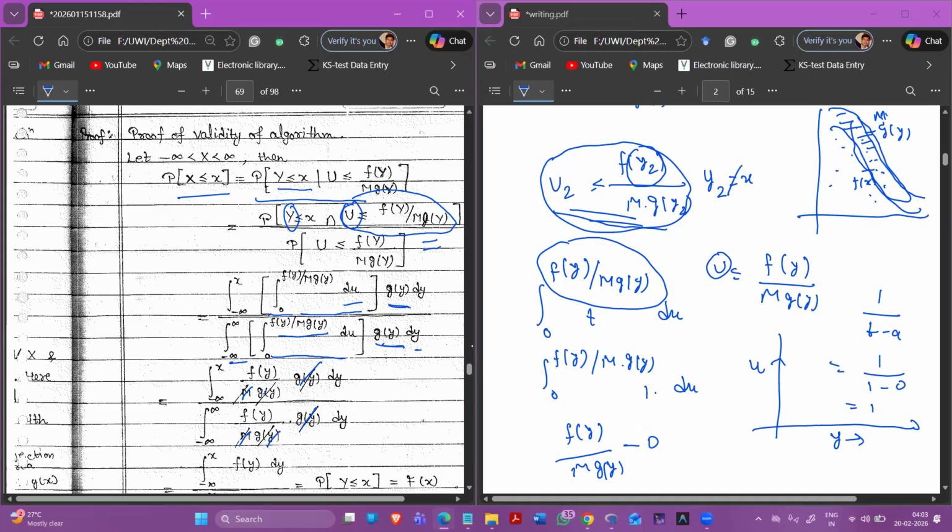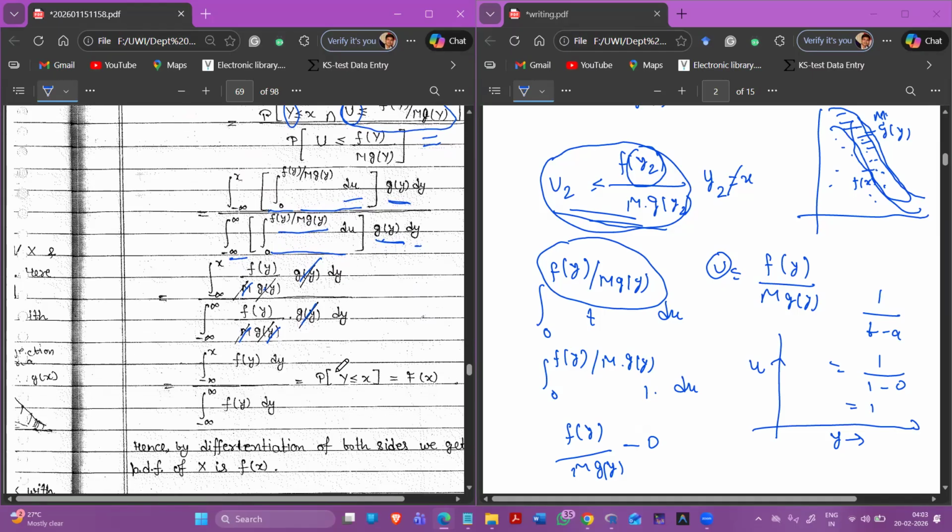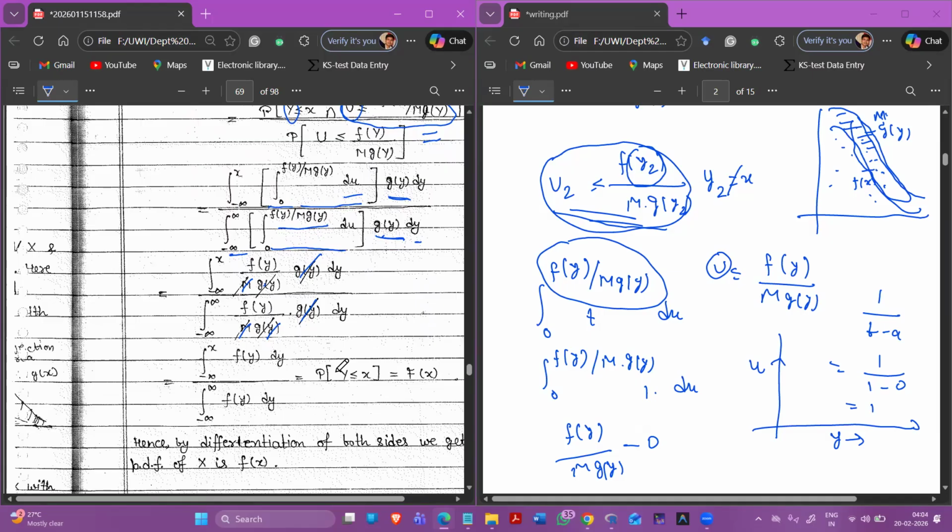What remains is the integration from minus infinity to x of fy dy divided by the integration from minus infinity to infinity of fy dy. The integration of a PDF over the range of the random variable equals 1. So it will be the integral from minus infinity to x of fy dy, that is the probability y less than or equal to x, that is your CDF of x.